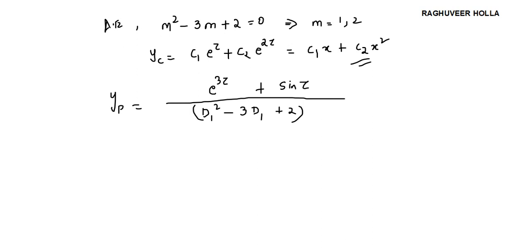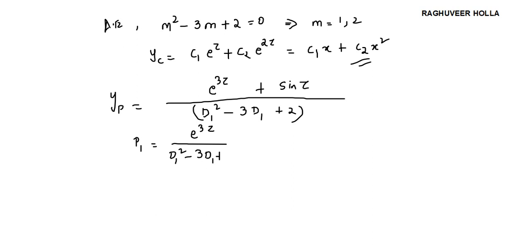Fine. Now you got two particular integrals. Let us separately find that. So first let us find the particular integral p1, which is e to the power of 3z divided by d1 square minus 3d1 plus 2.